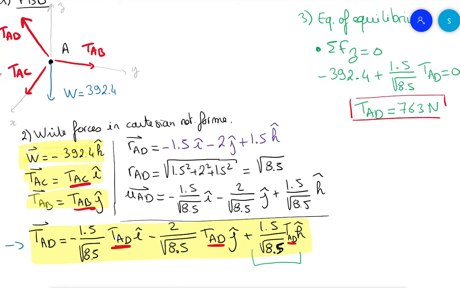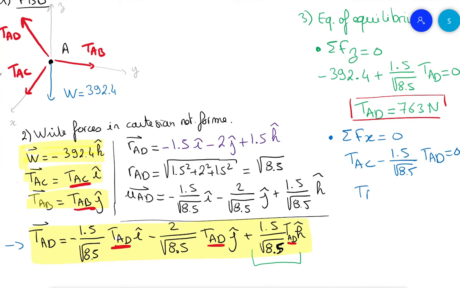And after that, we are lucky. We can use the equation for TAC on i hat or TAB on j hat, so it doesn't matter now. The sum of the forces on X is equal to 0. What do we have on X? We have TAC, that is on the positive i hat, and minus 1.5 divided by the square root of 8.5 times TAD equals 0.